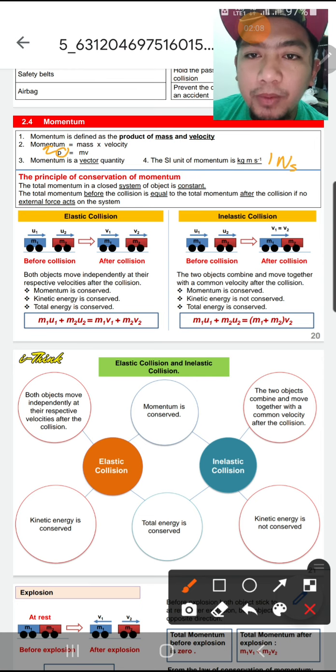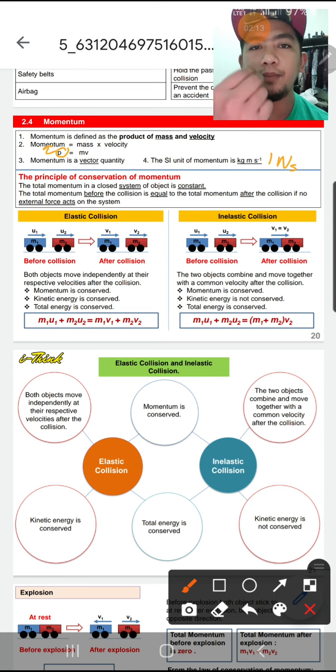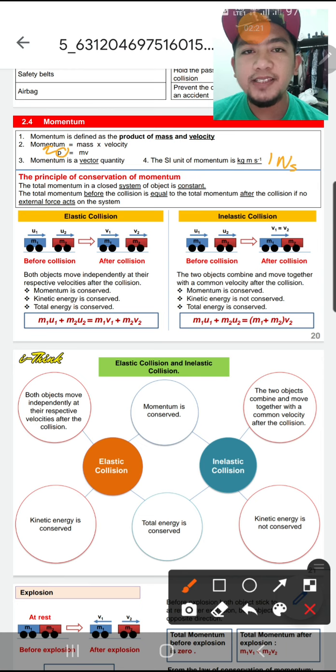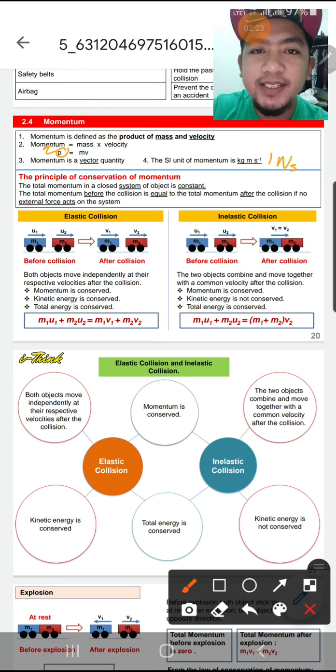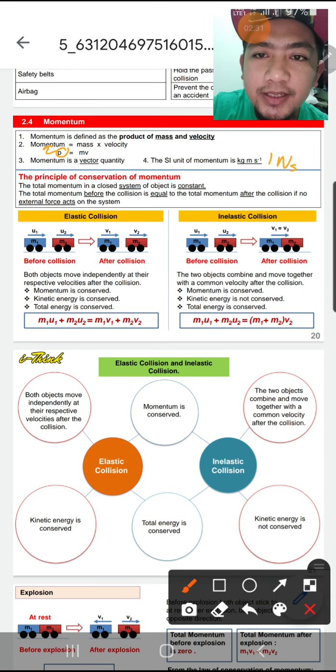The total momentum before the collision is equal to the total momentum after the collision if no external force acts on the system. Make sure there is no external force acting on the system, then we can call it conservation of momentum.